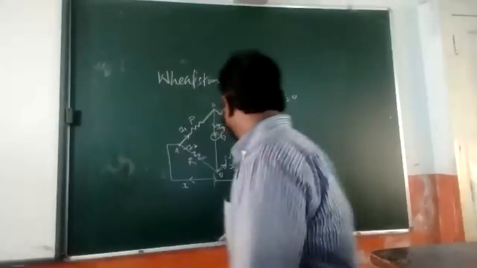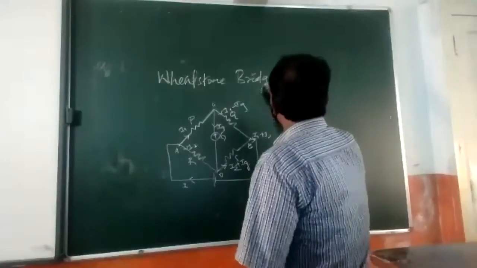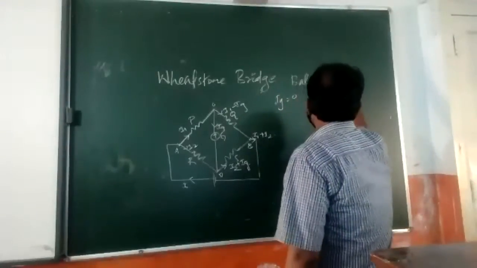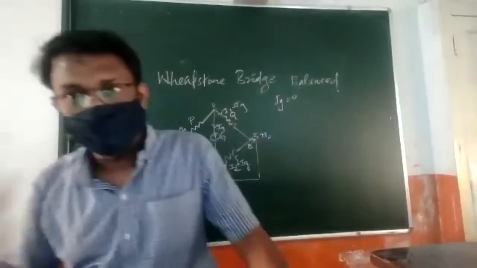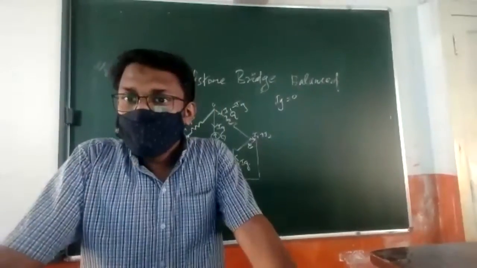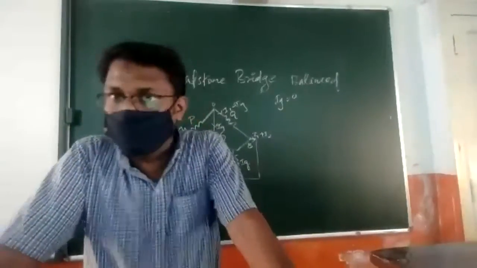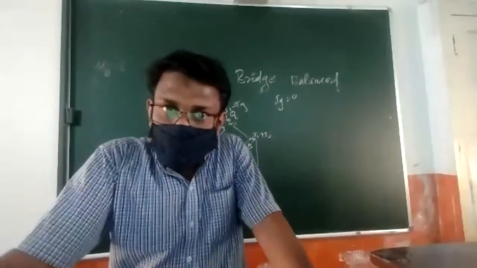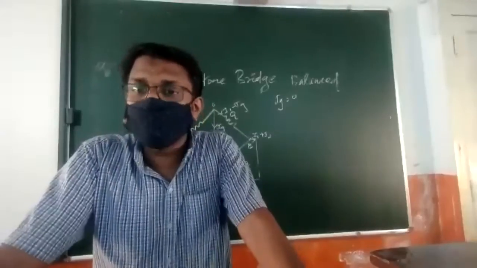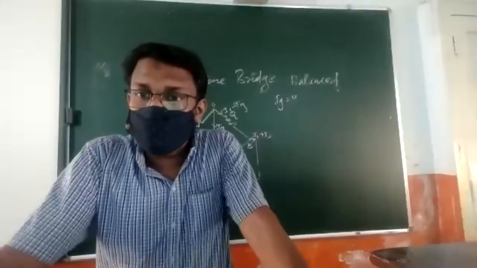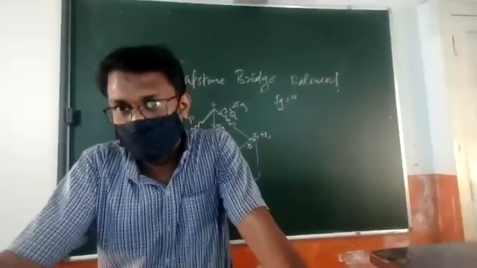At that condition, we can say that the Wheatstone bridge is balanced. How can you identify whether the Wheatstone bridge arrangement is balanced or not? If it is balanced, no current is flowing through the galvanometer, which means the galvanometer shows 0 deflection.